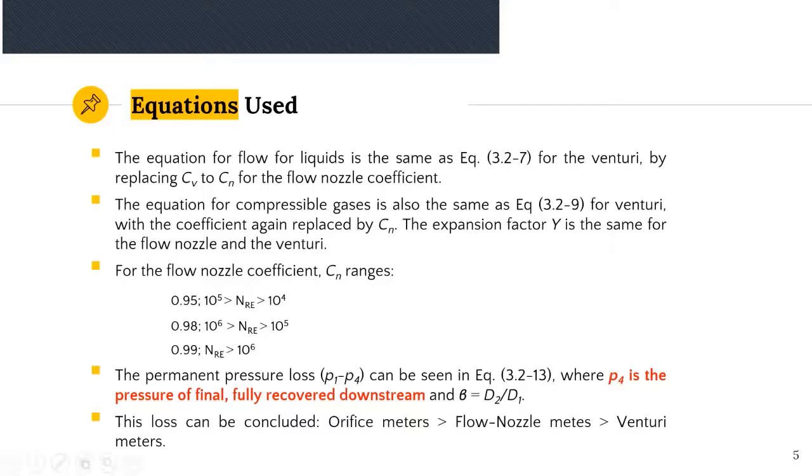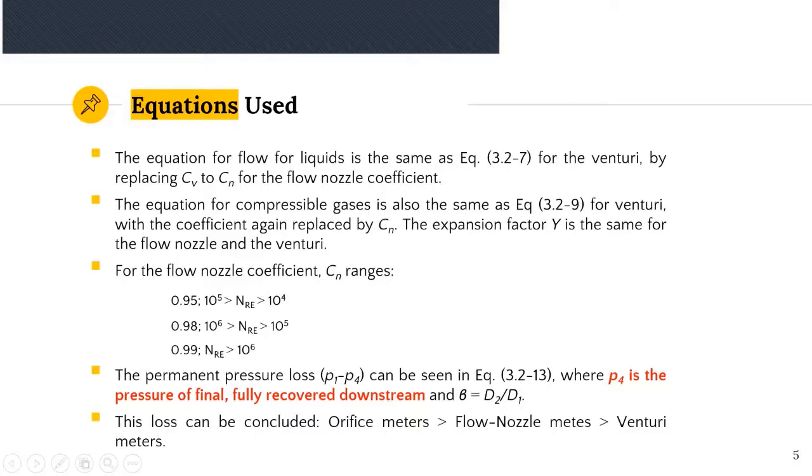But I only change that CV. CV is the coefficient for venturi, and CO is for orifice. Now I will change that CV or CO to CN. CN stands for the coefficient for the nozzle. So the same equations as venturi and orifice, but I have to change that CV into CN.